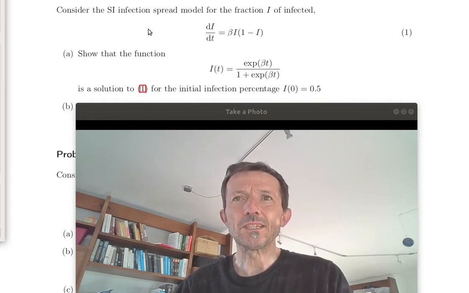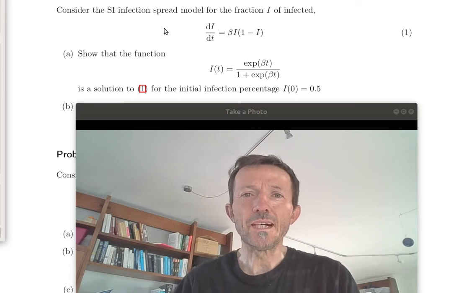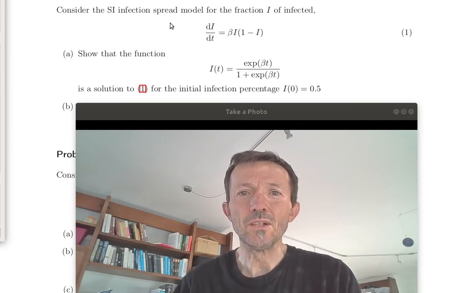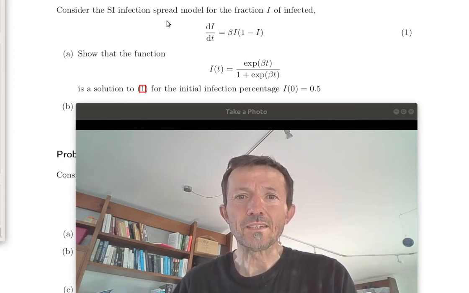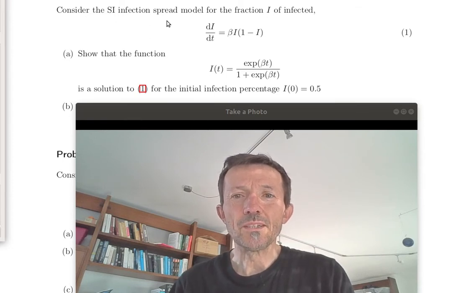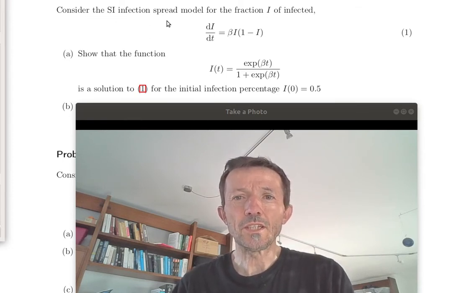That's the simplest infection spread model, the SI model. SI stands for susceptible and infected, and the model equation is just a simple equation.